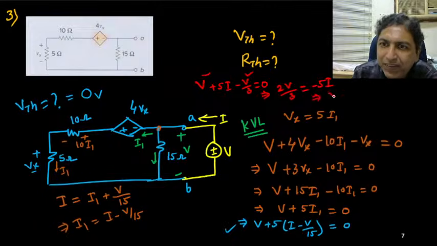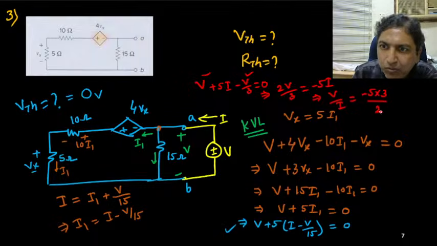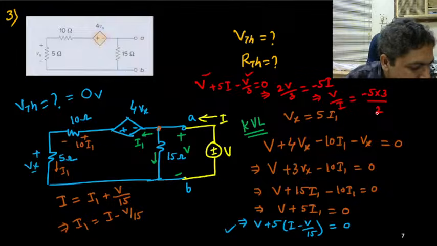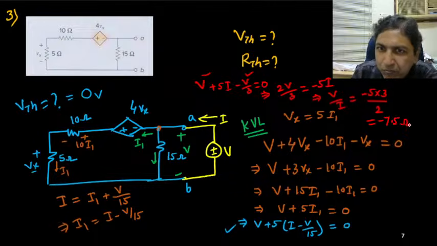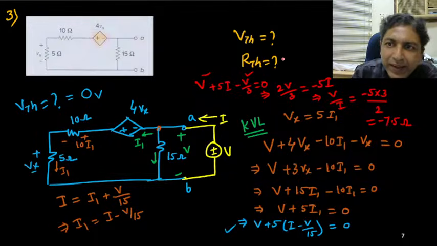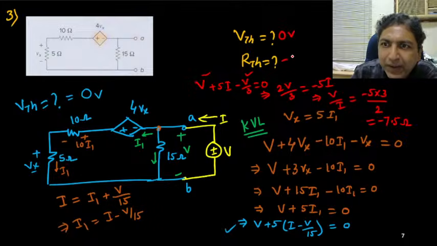So what is V upon I? Is minus 5 into 3 by 2. Yes, it is minus 15 by 2, minus 7.5 ohm. So VTH is 0 volt and RTH is minus 7.5 ohm.